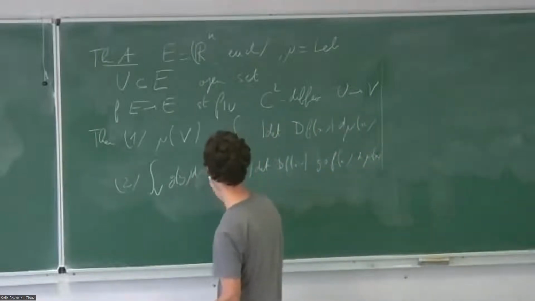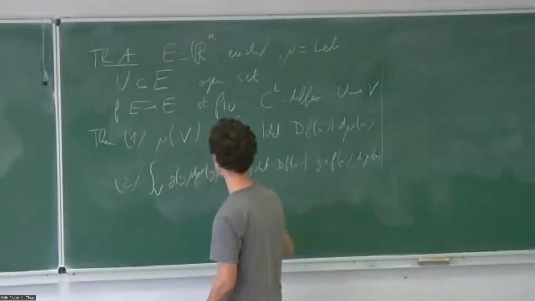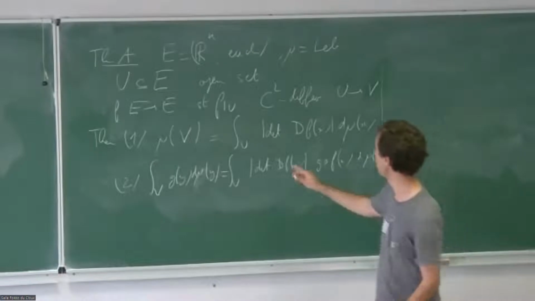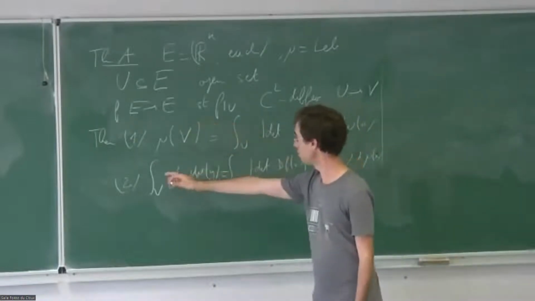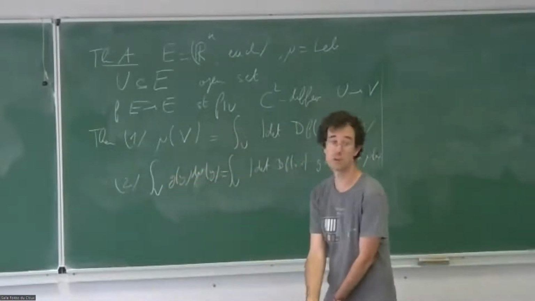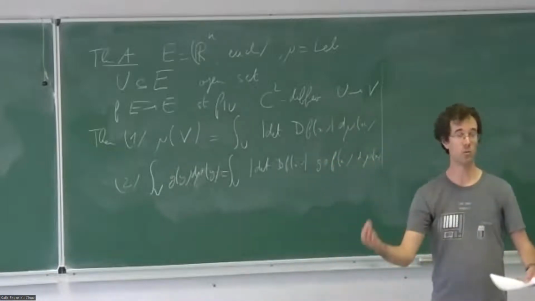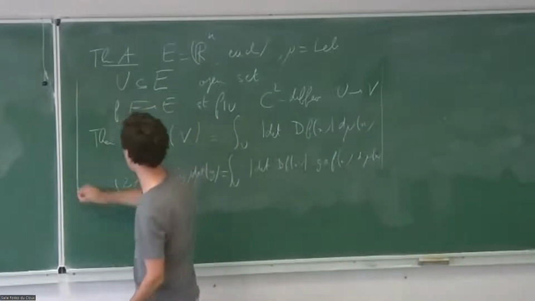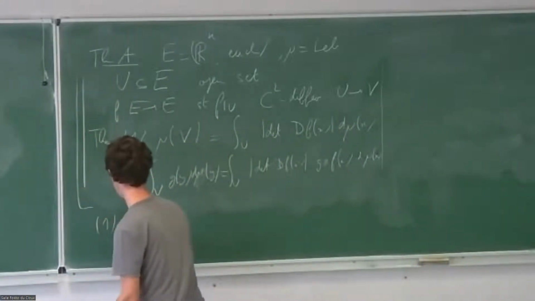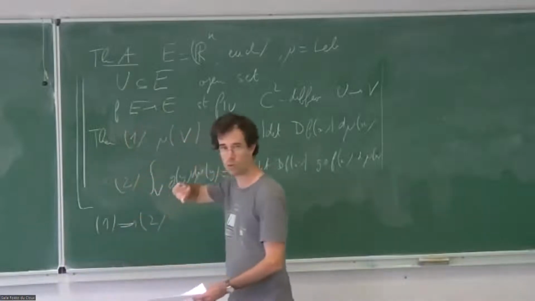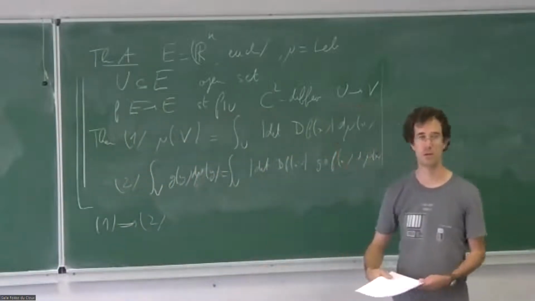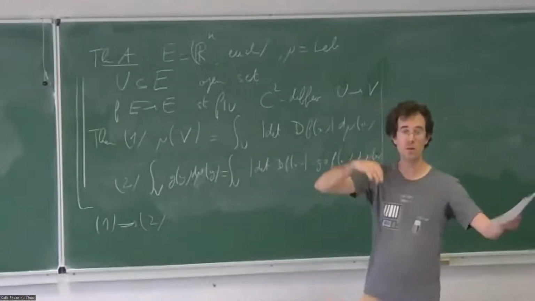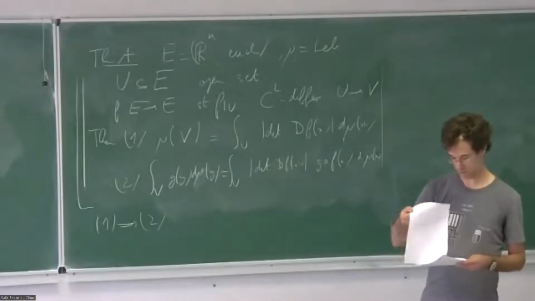And in fact, 2 is a pretty simple consequence of 1, because 1 is a version of 2 for characteristic functions of sets, and then you make linear combinations and argue by density. So this is a theorem, and 1 implies 2. That's standard, and I won't talk about that in the talk, and I will focus on discussion of this statement and variations of this statement.